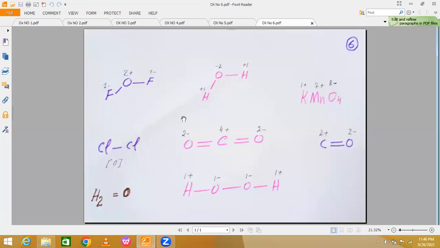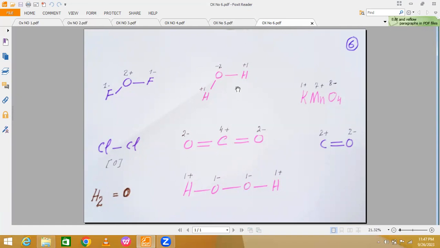Here are some other examples. You can find out the oxidation state of atoms in molecules. For example, see here, water. In case of water, there are 2 H, +1 +1, and ultimately the oxidation state of oxygen would be 2-.